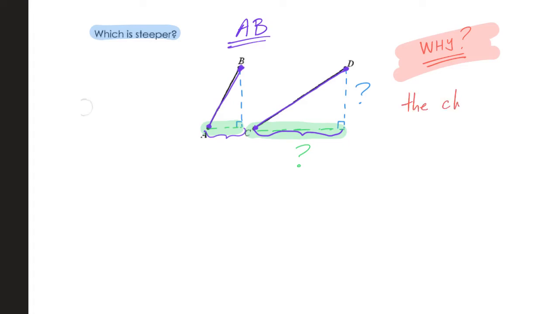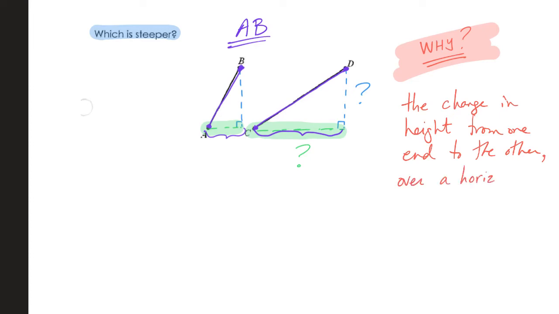Really, it's the change in height from one end of the line segment to the other, so from A to B or from C to D, over a horizontal distance.